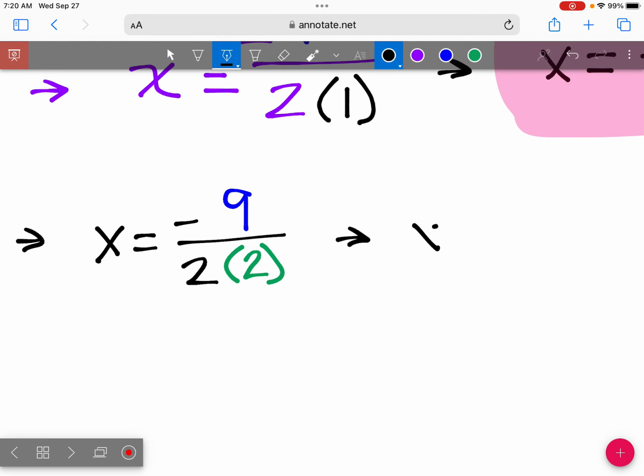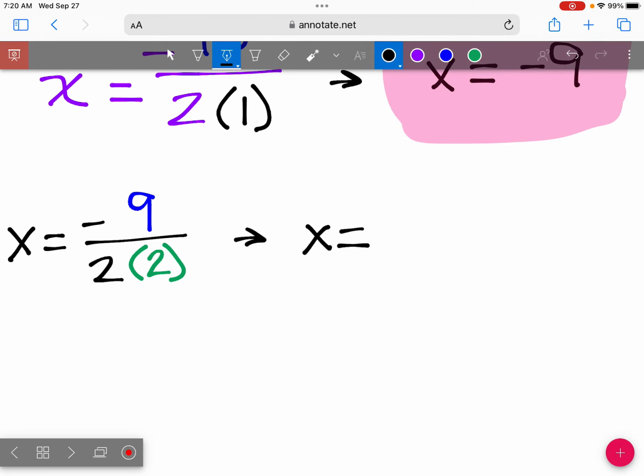So this gives us x equals, and what does this simplify down to be? Yeah, negative 9 over 4 or 2.25. As we're typically working on this on a graph, I'm fine with either way.